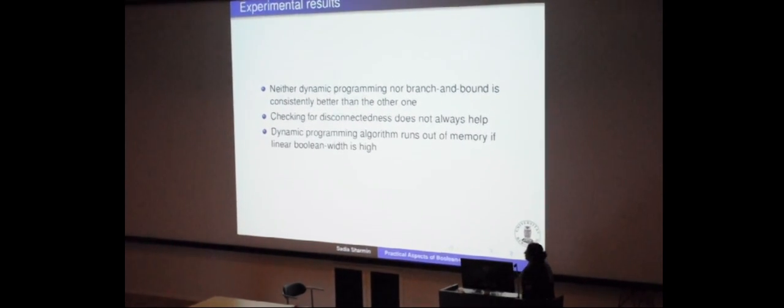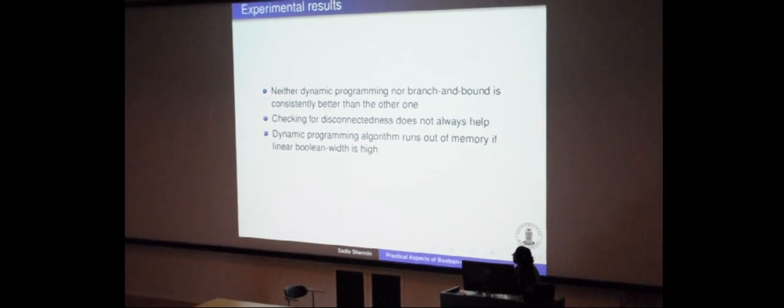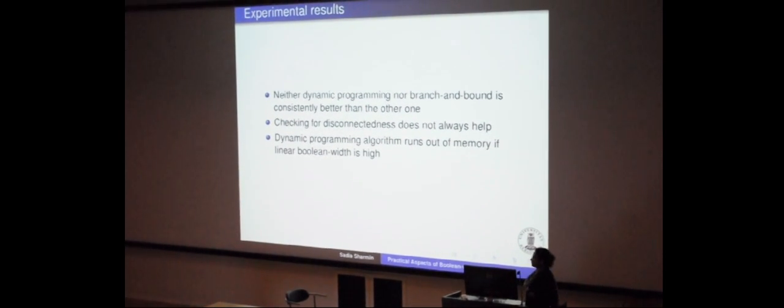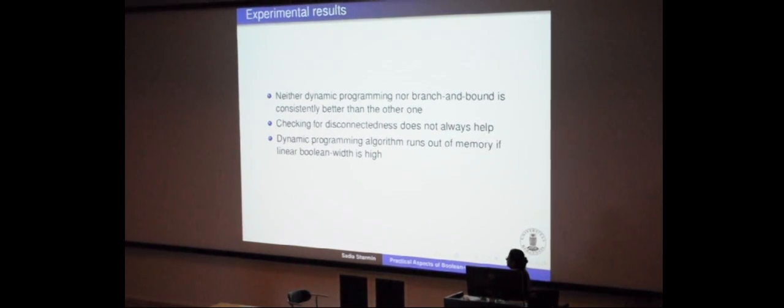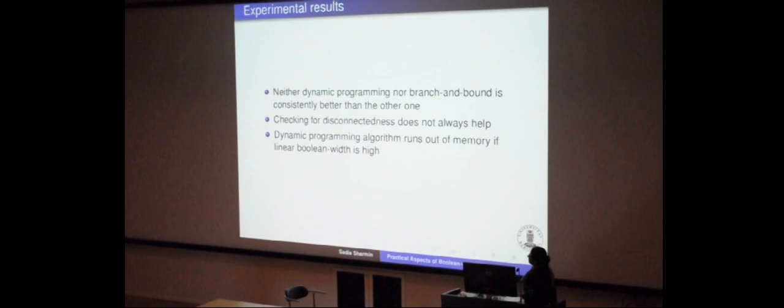One thing that we also notice is that dynamic programming needs a large amount of memory, more than linear, along with time, because you have to store a long list of all the neighborhoods on one side.